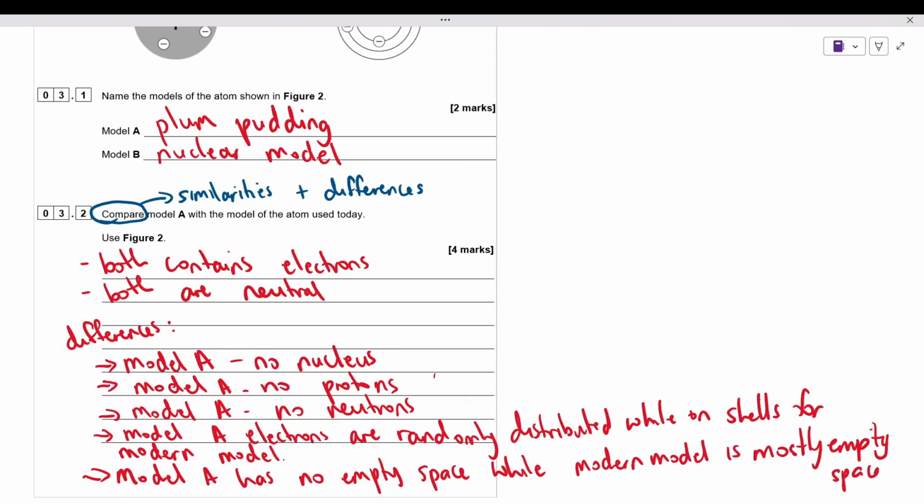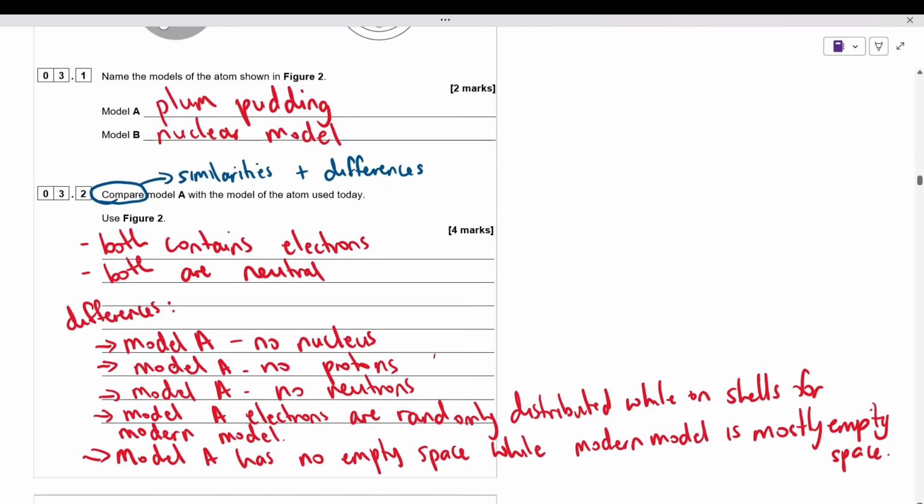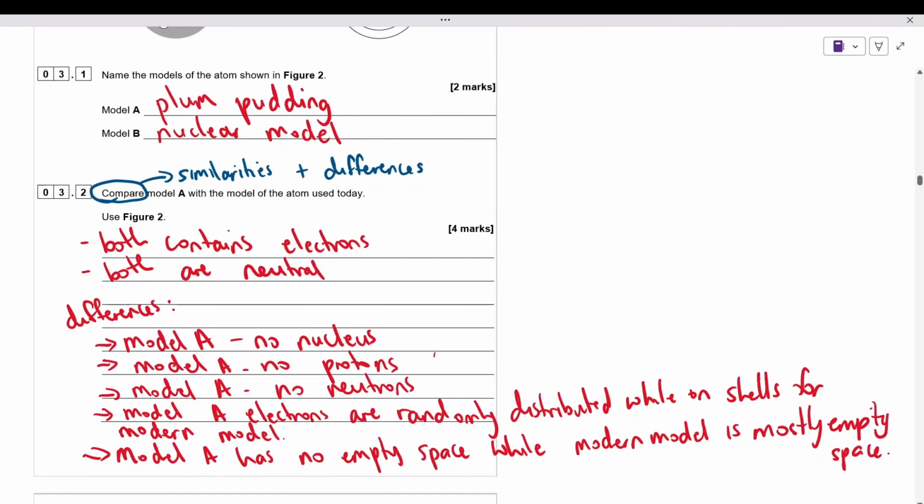You should remember this based on Ernest Rutherford's gold foil experiment, where the alpha particles showed that most of the atom is empty space because most of those particles went all the way through. Some were deflected because the positive charge is concentrated in the middle. So you should know those ahead of reviewing this.